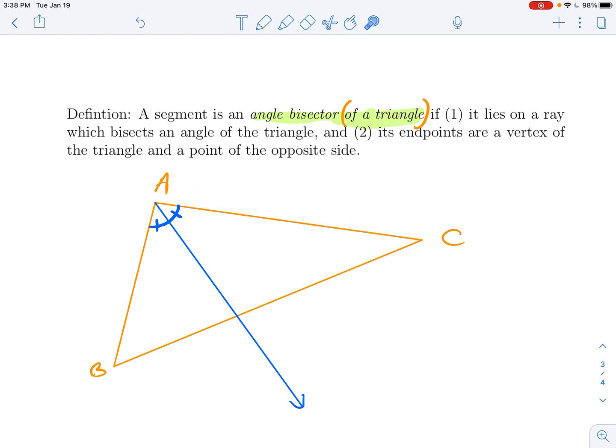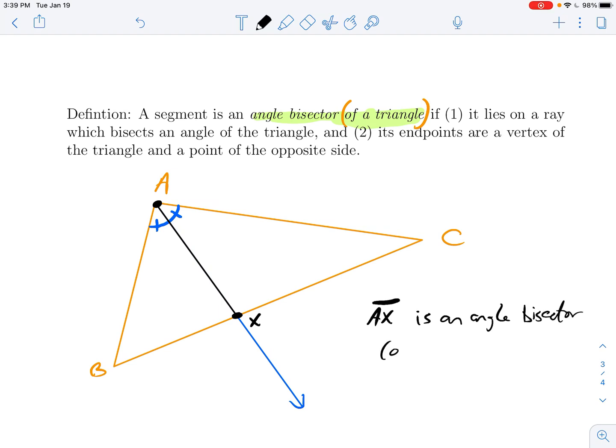In the context of a triangle, we could say that a segment is an angle bisector if it first lies on this ray and has as its endpoints one vertex of the triangle and a point on the opposite side. So let's call this X. So when we're talking about a triangle, we would be able to say that segment AX is an angle bisector.